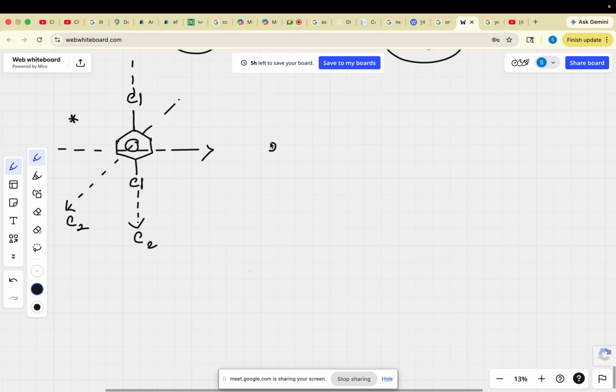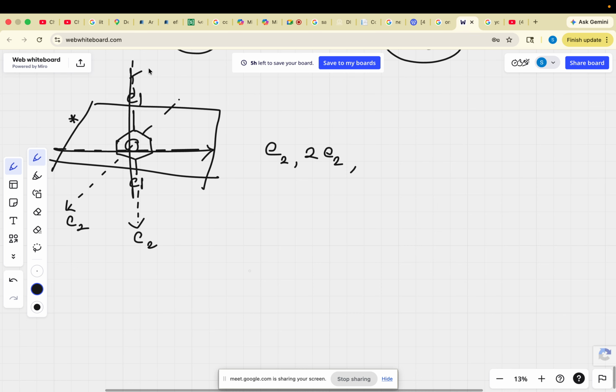So basically you will get one C2 axis and two C2 axes from this. Apart from this you can have sigma v also. One sigma v is like this, a plane of symmetry which cuts the molecule, and another sigma v will be like that. So we will have two sigma v.